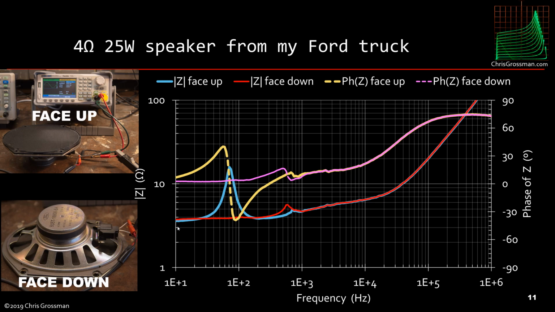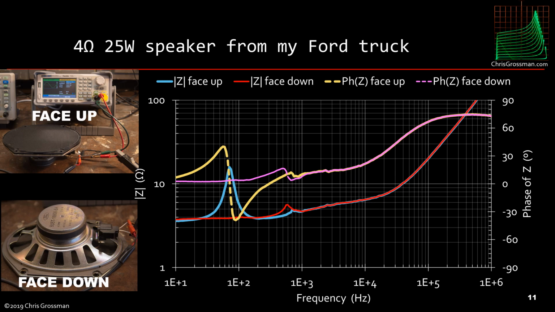Here's 4 ohms. This is 3, so this is about 3.66 ohms here. And we see a very sharp resonance at about 70 hertz, and then that drops down. And then the impedance slowly rises over the audio range and then starts to rise at a steeper angle above audio.